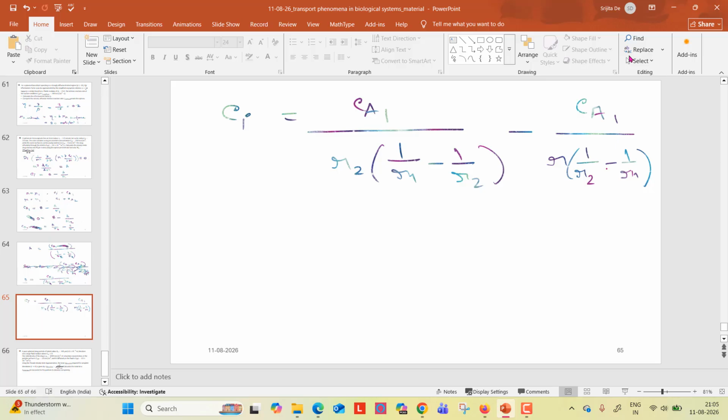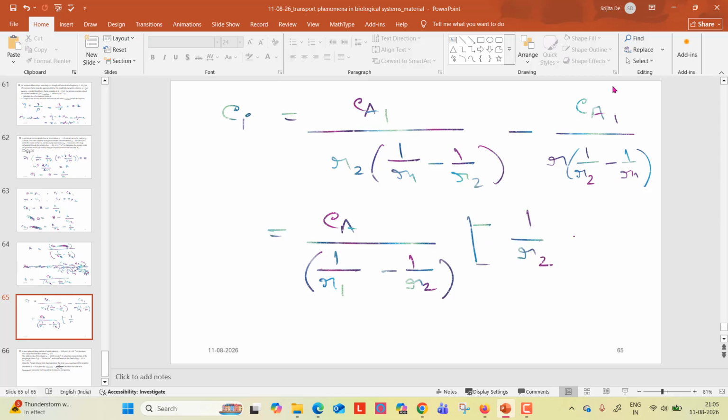Or else we can write it as CA1 by 1 common, 1 by R1 minus 1 by R2. So it will be just simply 1 by R2 plus 1 by R.